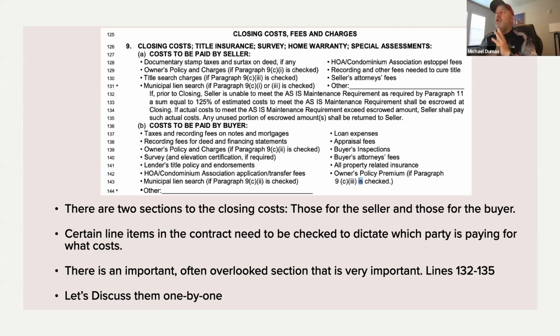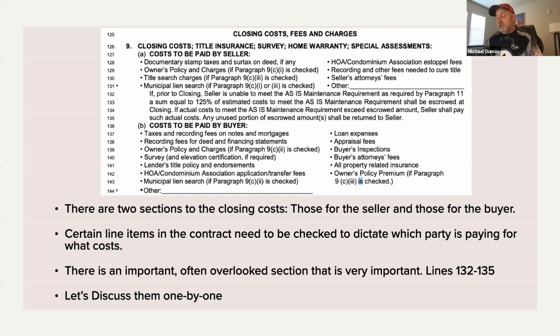If actual cost to meet the as-is maintenance requirement exceeds that amount, the seller shall be paid such actual costs. Any unused portion of escrowed amount shall be returned to the seller. We're going to go over what that means in a few minutes, but that's a very important part, and it ties into the maintenance requirements of the contract.